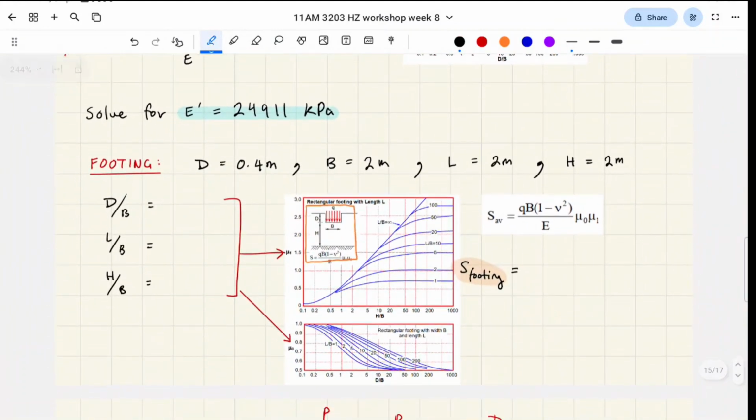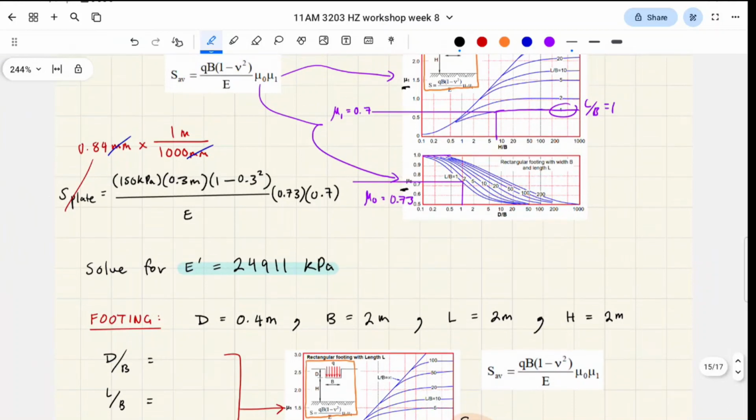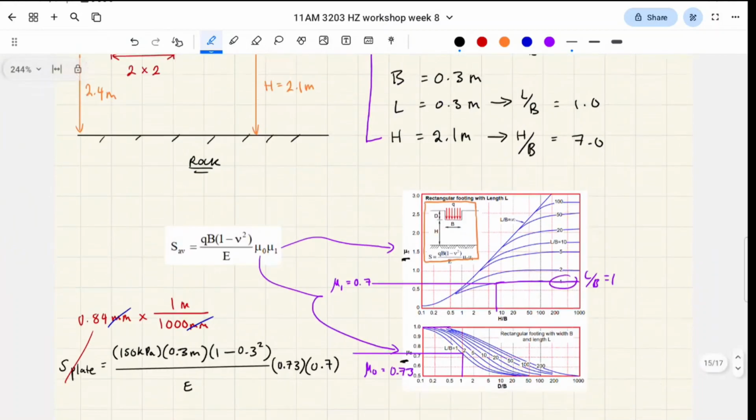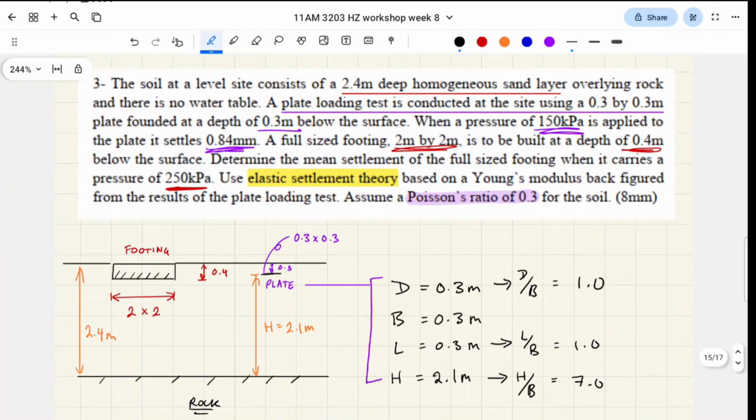Yeah, question. What is that question? The E dash and E. Oh, right. Effectively, in this equation, yes, because we're dealing with sand. Sorry, there's a bit of context here. We're assuming that the entire layer of sand here, the 2.4 meter layer of sand, is uniform in terms of its elastic modulus, and we don't account for the effects of groundwater.